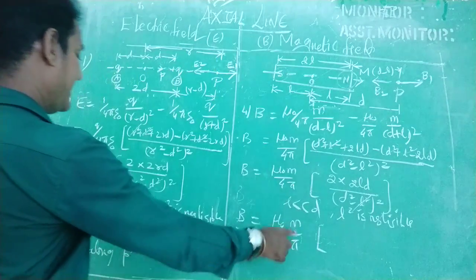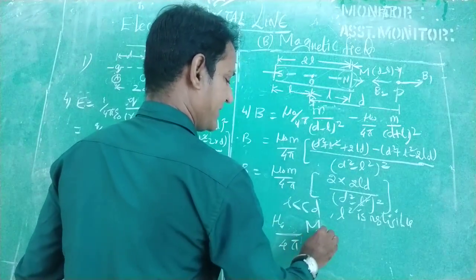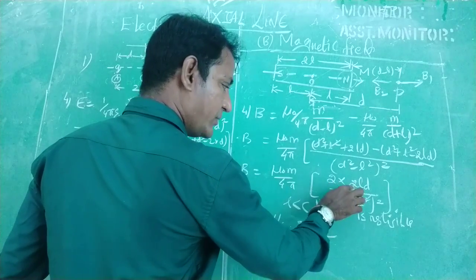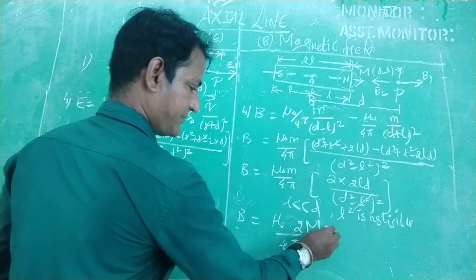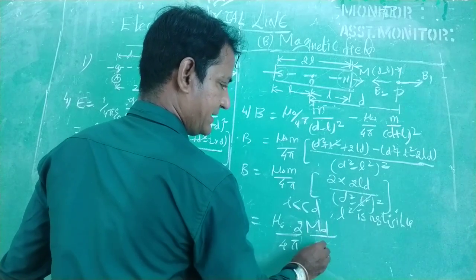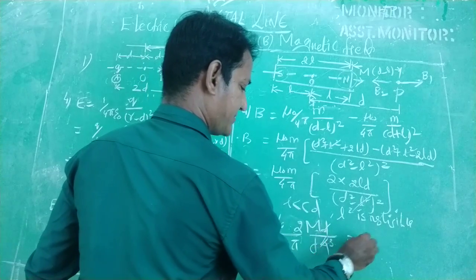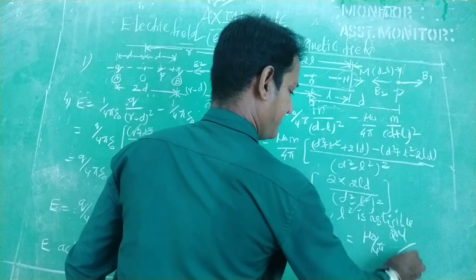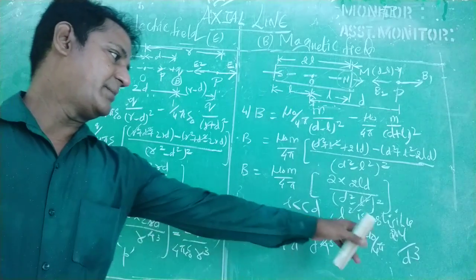We know that m into 2L is called the magnetic dipole moment, so I can make it capital M. So d power 4, one d cancels, so mu naught by 4 pi 2M by d cube. So here 2p by r cube, here 2M by d cube.